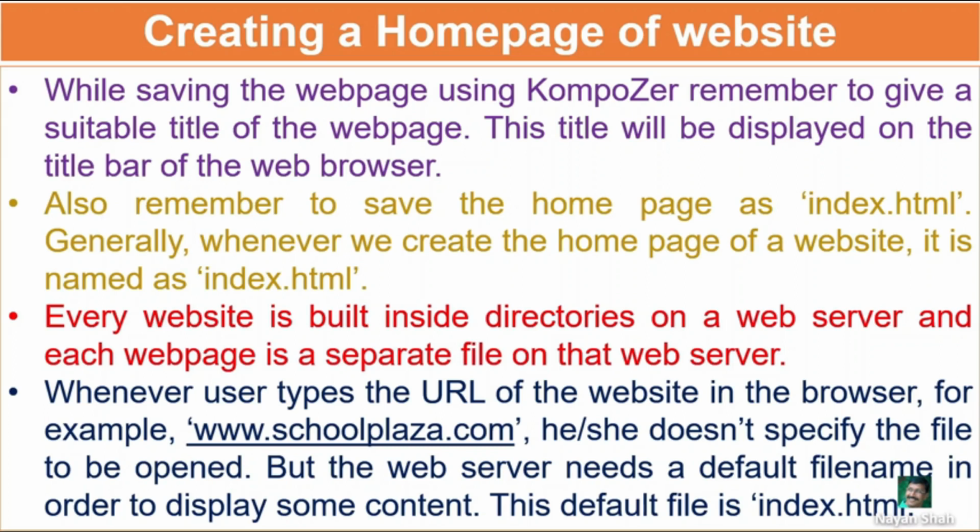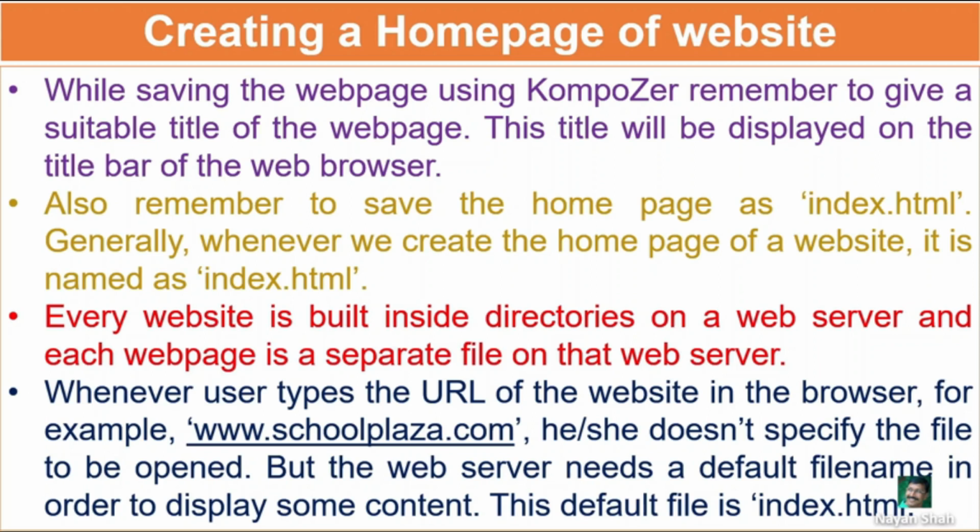Once again, the last point we will go through: whenever the user types the URL of the website in the browser, for example www.yahoo.com or www.schoolplaza.com or anything, he or she doesn't specify the file name to be opened, but the web server needs a default file name in order to display something on screen.